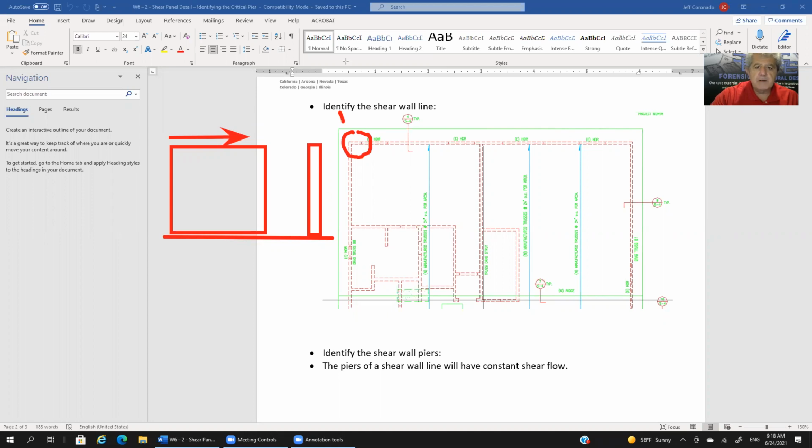This pier would be deemed to be too narrow, too flexible, and hence we would take this out of the evaluation and throw 100% of the load into this pier. Okay, so the code does not allow us to use piers that are excessively slender.